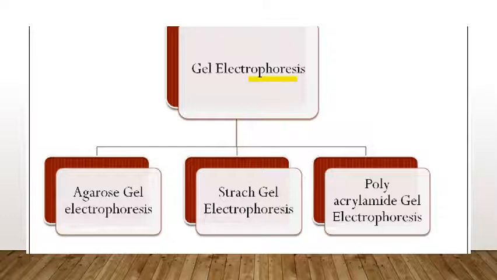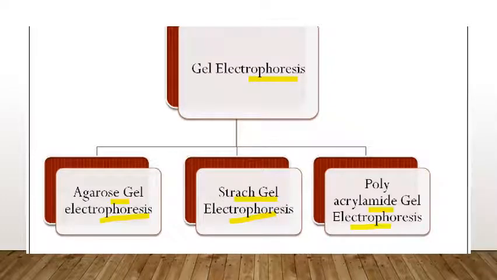The gel electrophoresis can be divided into different types according to the gel we have selected, the cross-linked polymer on the basis of the composition and the porosity, which is chosen based on the specific weight and the composition of the target molecules. That is agarose gel electrophoresis, starch gel electrophoresis, and polyacrylamide gel electrophoresis, which is also called PAGE.